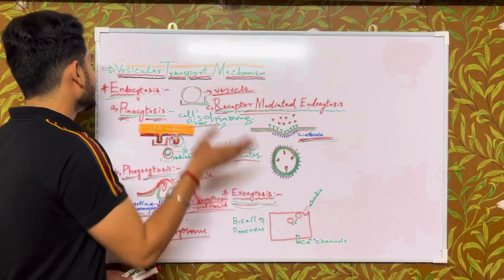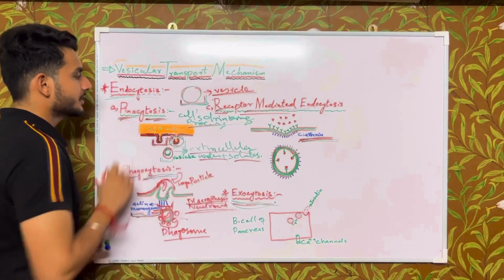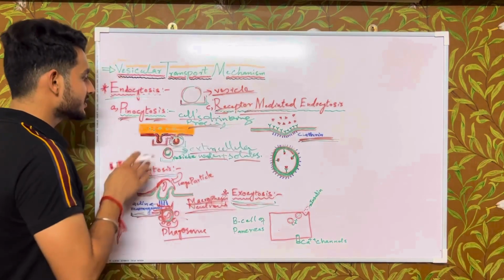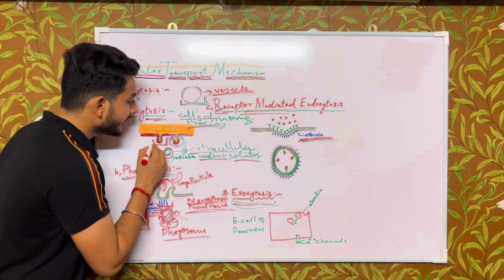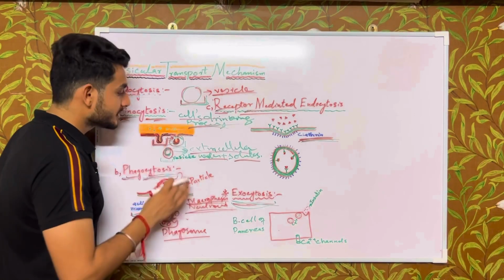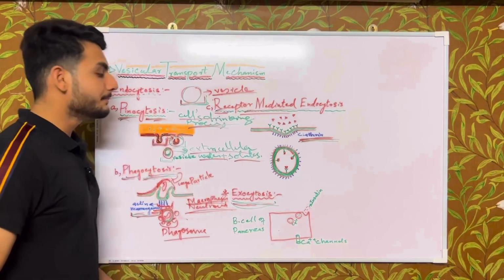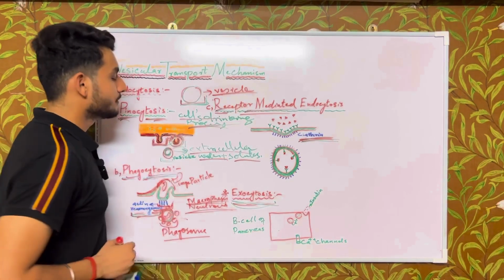Let's dig into pinocytosis first. What is pinocytosis? It is also known as the cell's drinking process. What happens in pinocytosis? Indentations are formed in the cell membrane. These indentations get deeper and deeper until they detach from the membrane.